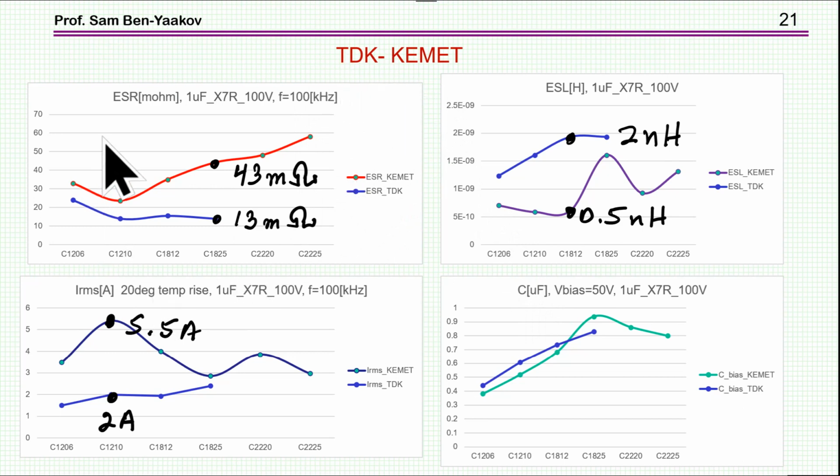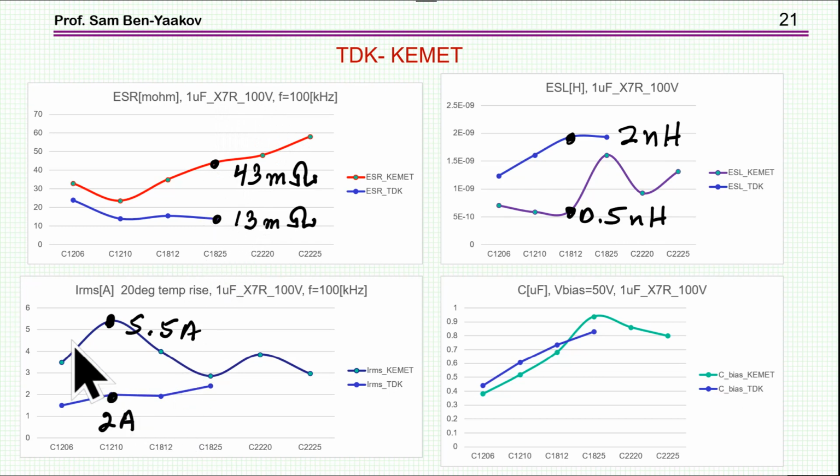So for the case of 1 microfarad X7R, looking at the ESR, I find that the TDK ESR is much lower for this set of packages than the ESR for Kemet. I'm talking about same capacitance, same material, same voltage, and same package, okay? This is same package here.